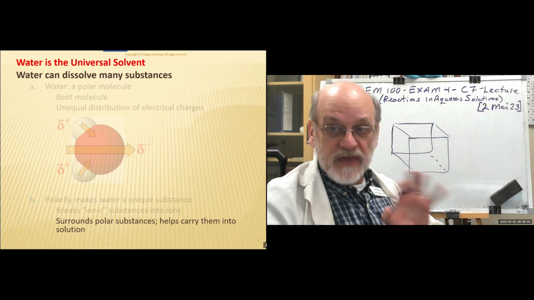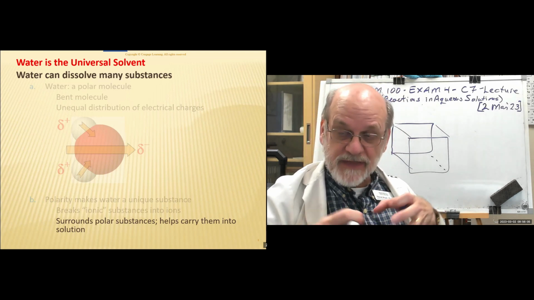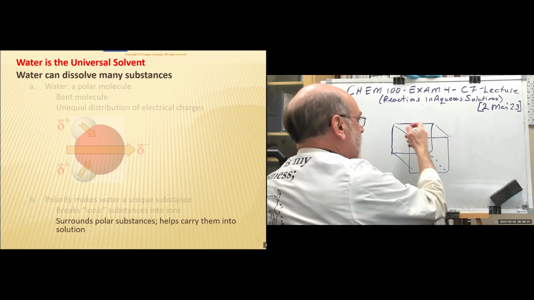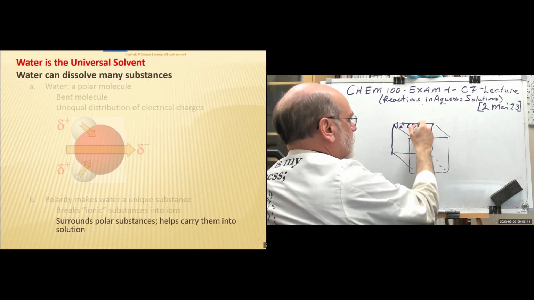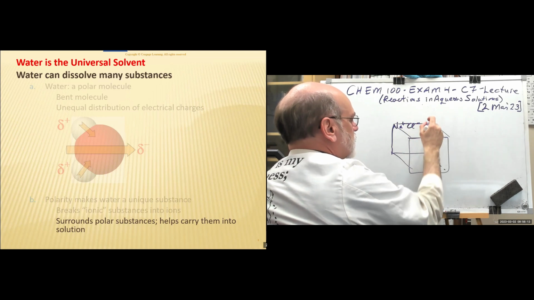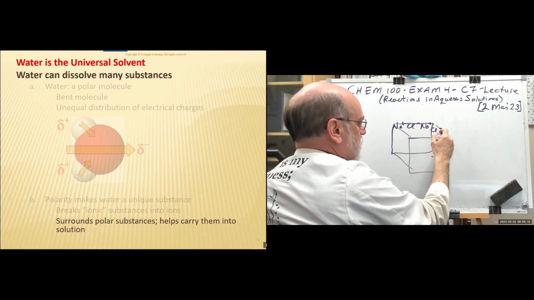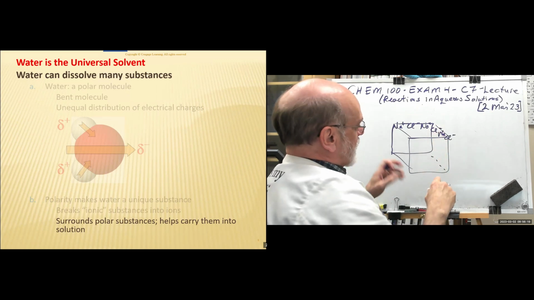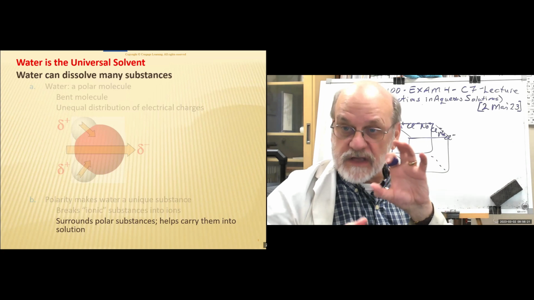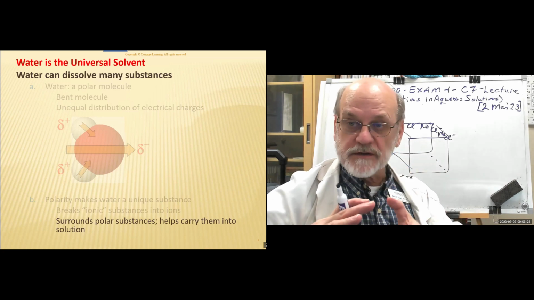That's because of the way the ions are arranged in that material. So you will have, say, maybe a sodium here, and you'll have a chlorine here, and then a sodium here, and then maybe a chlorine over here, and then a sodium here, and then another chlorine there. And they're in this crystal matrix.